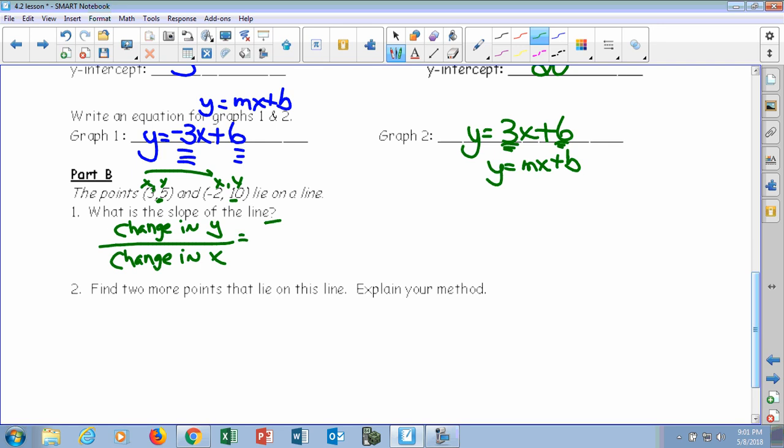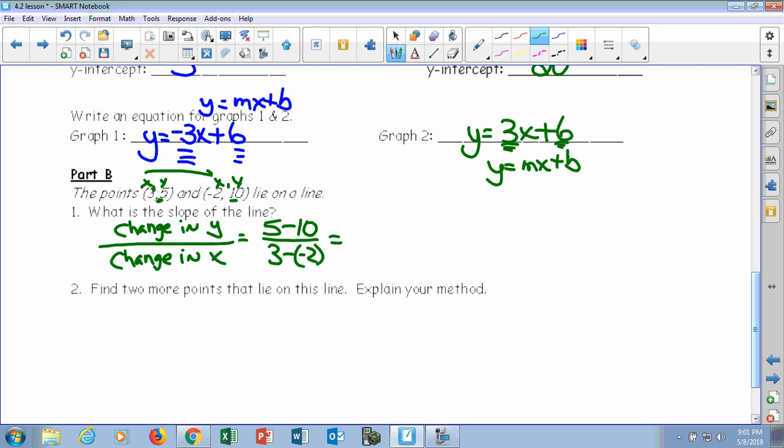So 5 minus 10. And then we're going to do our change in x, and that's 3 minus, and then we got negative 2. Well, we learned about that a long time ago, so it's going to come into play.